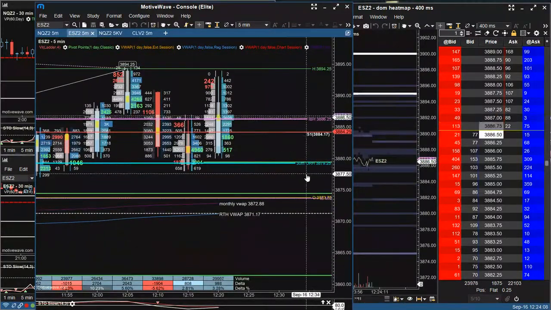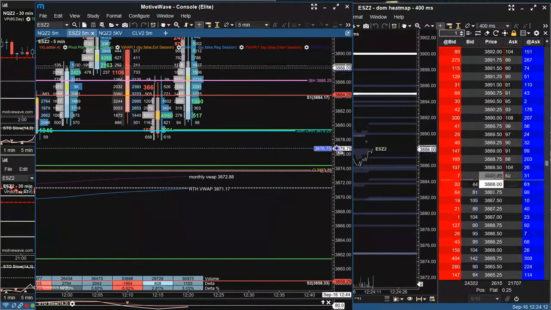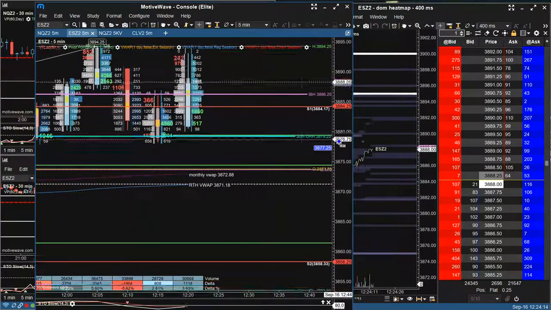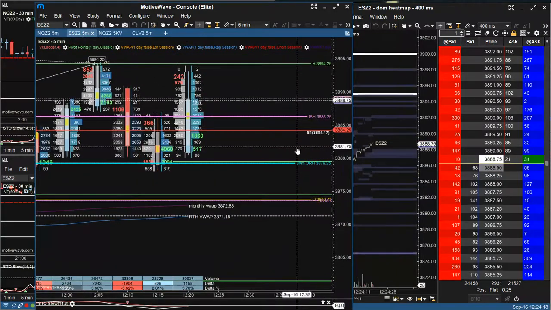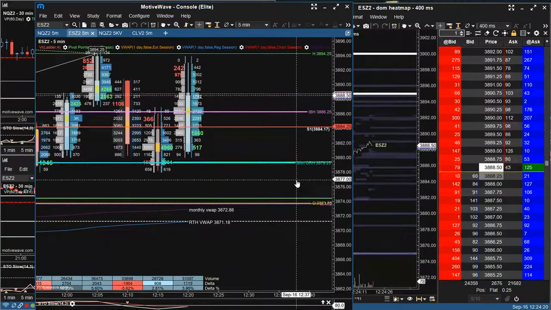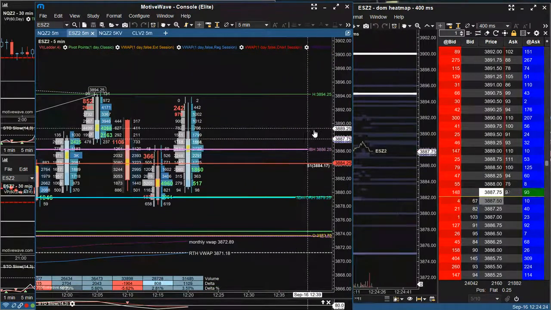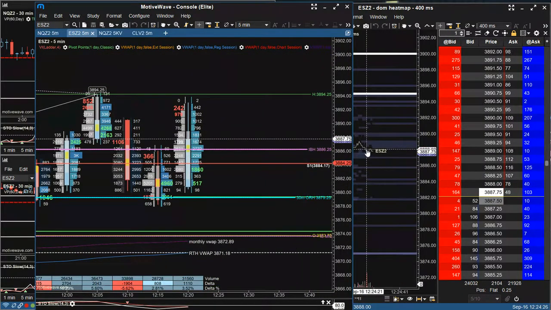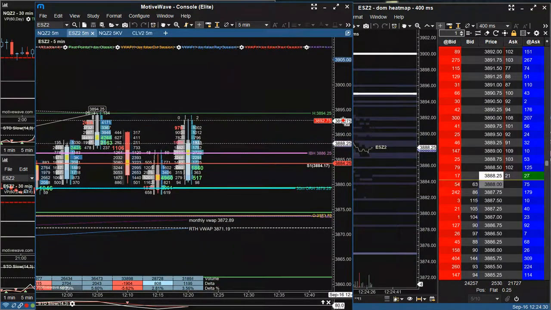I have for sure the open. Opens can be a really strong bull or bear line for the day. So the opening price, I have the 30-minute opening range, the IB, so the 60-minute opening range, and then the cosmic pivots and delta pivots. Those act as huge confluence areas.